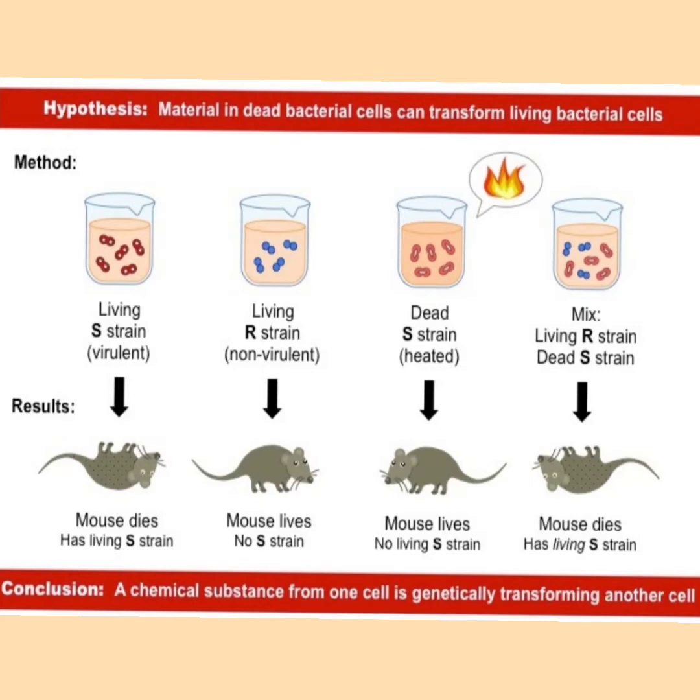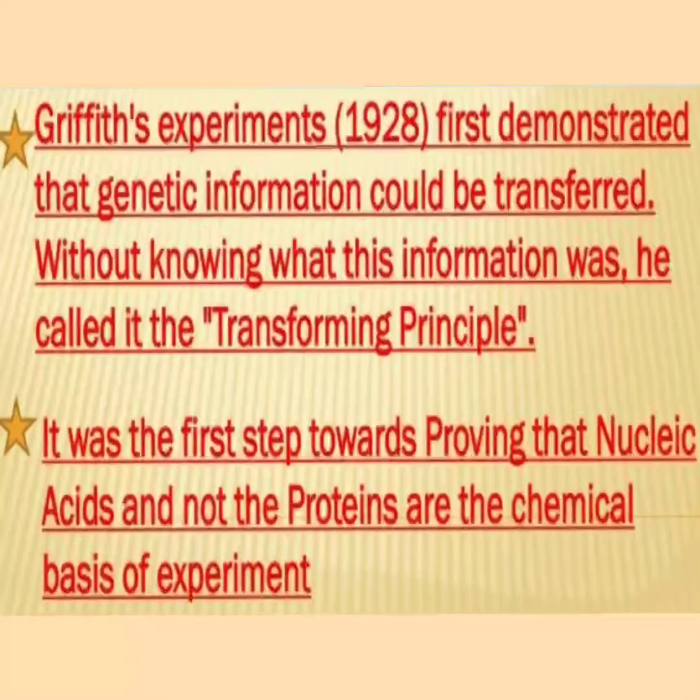So finally it was concluded that a chemical substance was transferred genetically from one cell to another cell, that is, from the S strain to the R strain. Griffith's experiments in 1928 first demonstrated that genetic information could be transferred, without knowing what this information was.